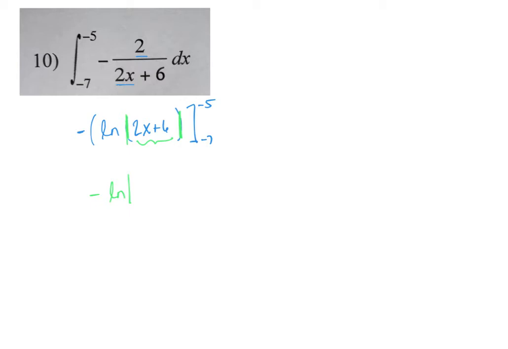So natural log of the absolute value there, you're just going to have log of 4 because it would be negative 4, but it's absolute value. Minus, and don't forget you have a negative here, negative natural log, plug in the 7. So you would have the absolute value of negative 8. This is how we get the plus there, because remember you subtract when you're doing definite integration, and you get 0.693.